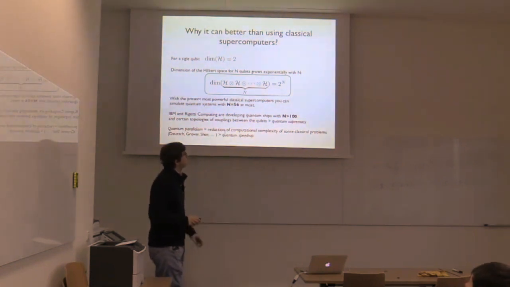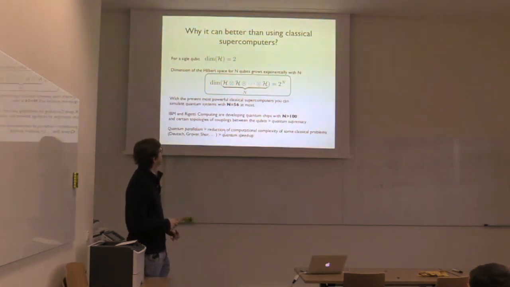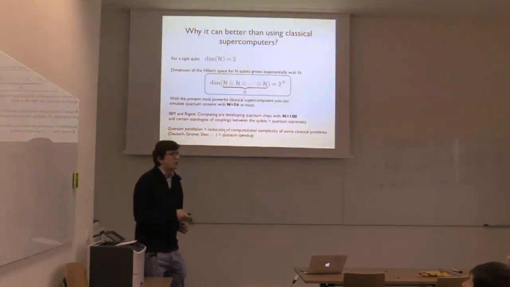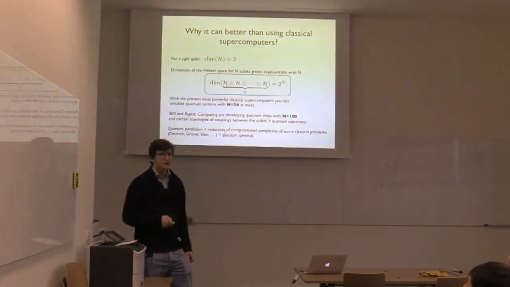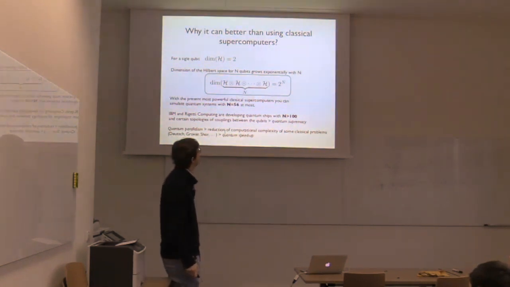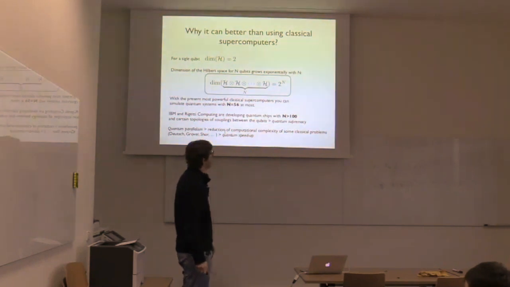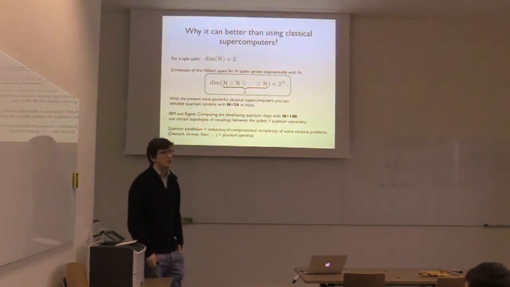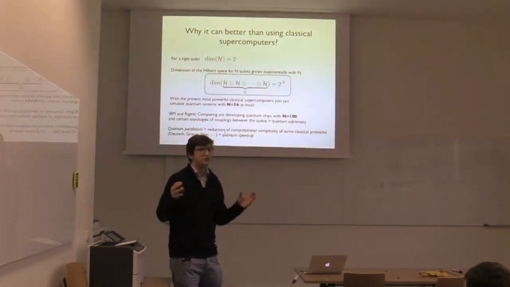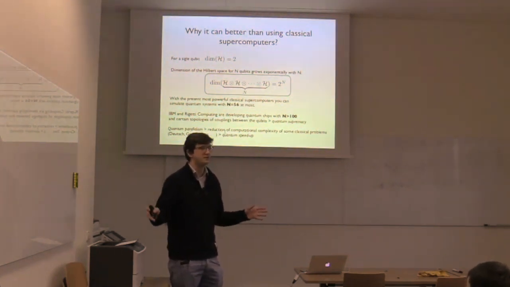Okay, so these are some basics, and now you can ask an important question: why this might be useful, and why it might be better than using classical computers. This is quite evident when you consider quantum simulation, something I'm interested in. I'm going to simulate a system of n qubits.